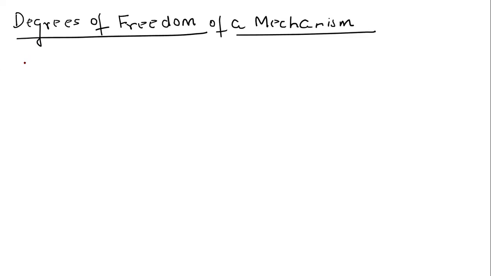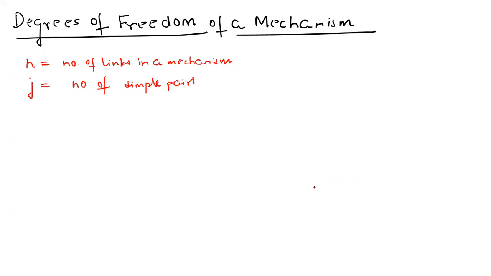If you remember in the last session, I said let n be the number of links in a mechanism, and j be the number of simple pairs.